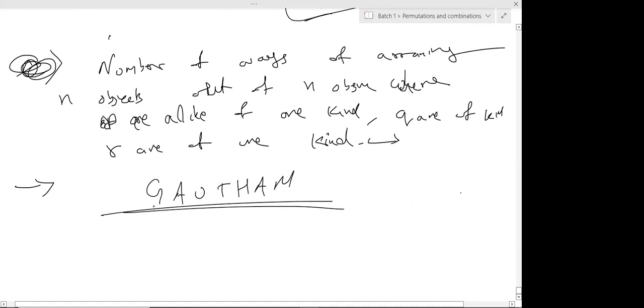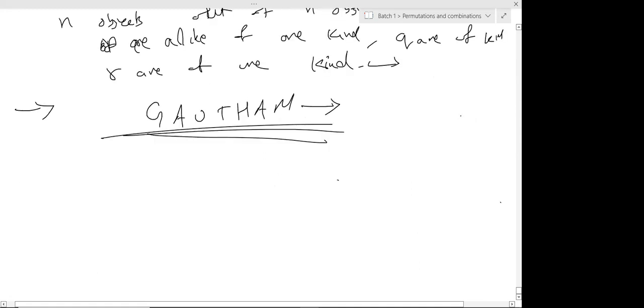Gotham. So if we have to find all the words from these letters, can you tell me the answer? All the words that can be formed using these letters.